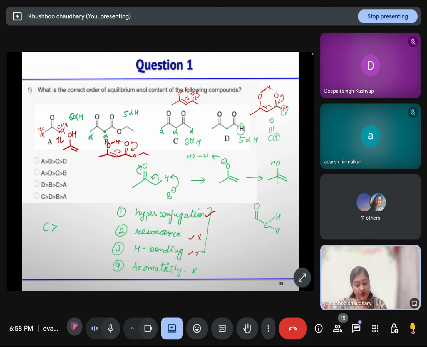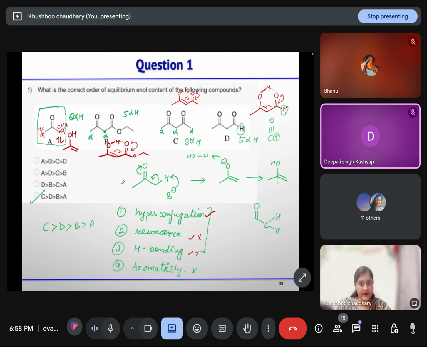So this will contribute least. D, then B, and then A. Okay. So the correct option is option D. Is this clear?